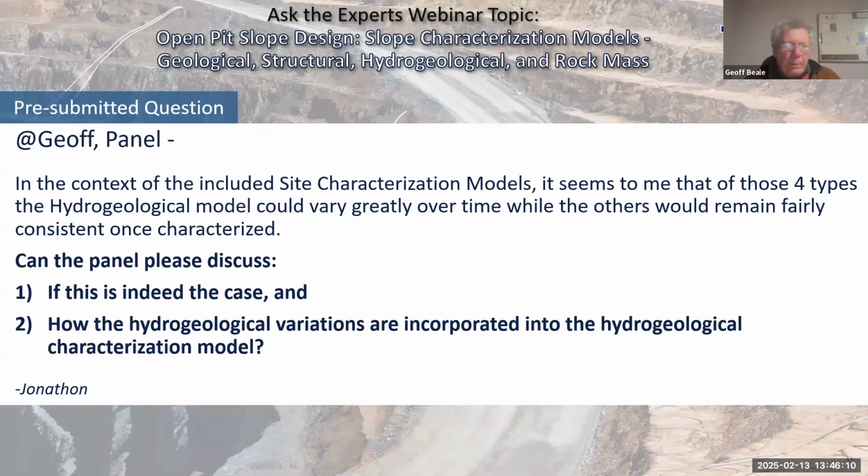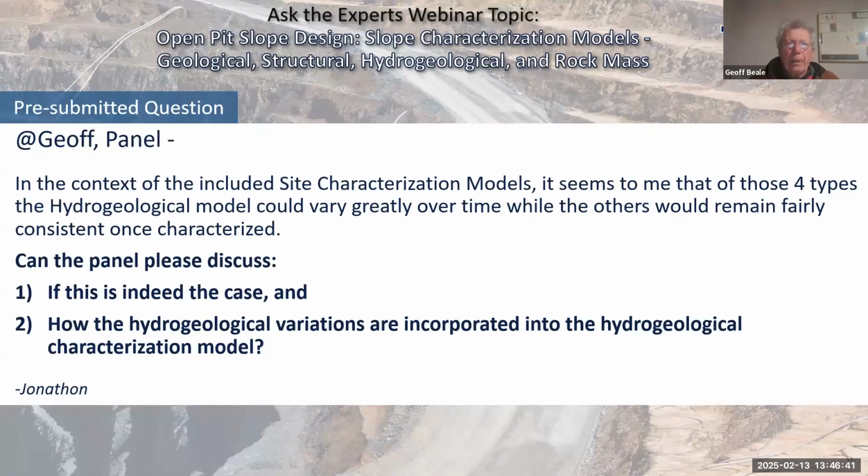And one of the things we need to think about, particularly in desert environments, is, as the pit expands towards the tailings, towards the plant, perhaps towards site facilities, you start to need to think about leakage from those facilities and how that may affect the performance of the slopes. So yes, the hydrogeological model does vary with time.